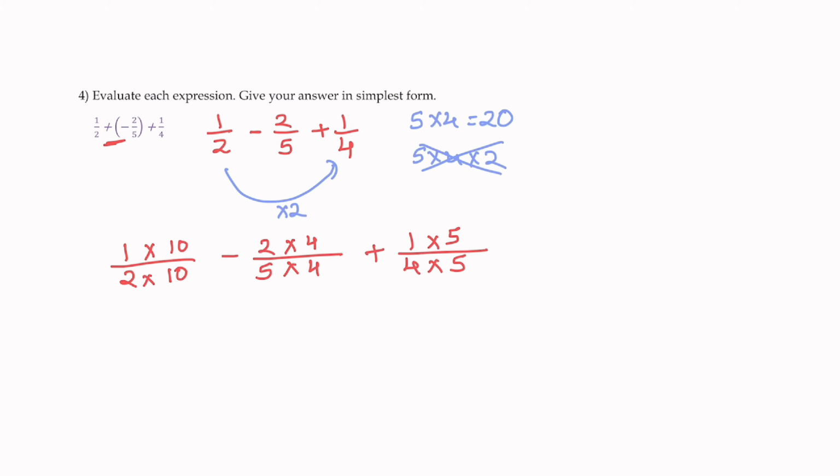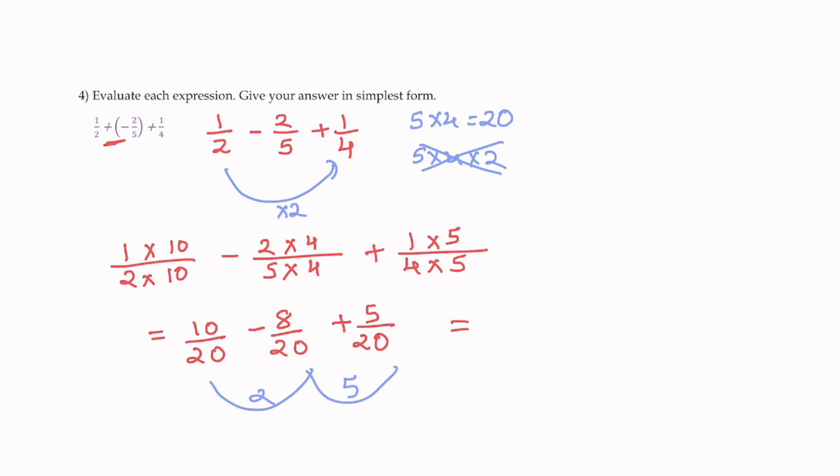The first step, which is equal to 10 over 20 minus 8 over 20 plus 5 over 20. Do you see all our denominators are equal over here? And the answer for this is going to be 10 minus 8 gives us 2, and again 5 over here. So our answer is going to be 7 over 20.